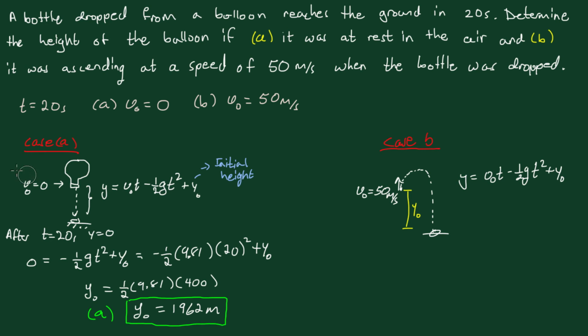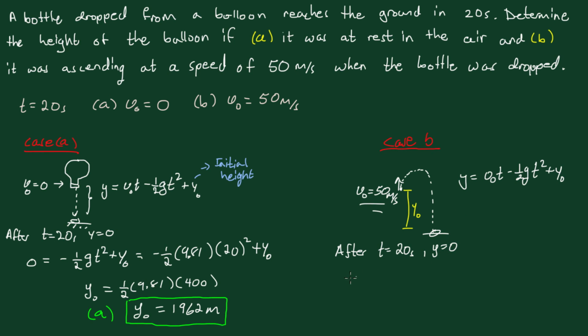Here we have v0 equals 50 meters per second. We know that once it reaches the ground, y is going to be 0, and 20 seconds would have passed by. So again, after t equals 20 seconds, we have y is equal to 0.